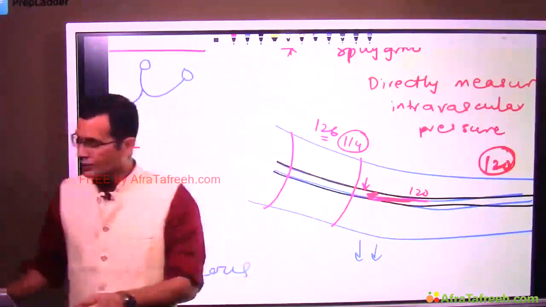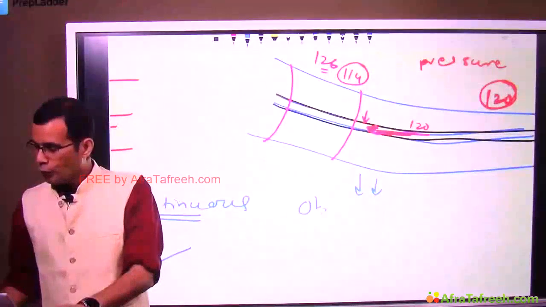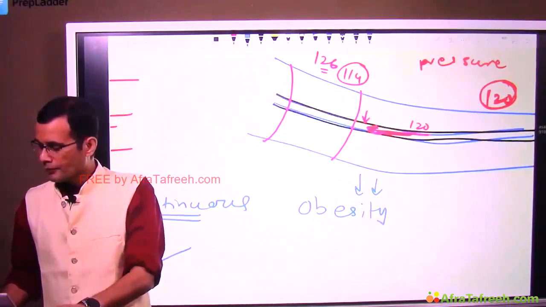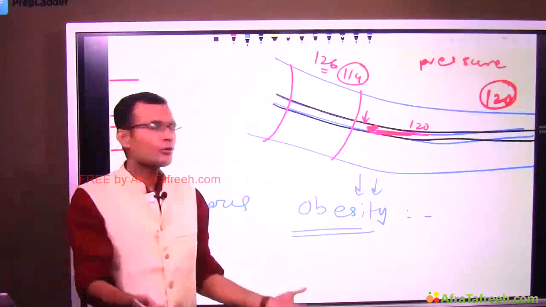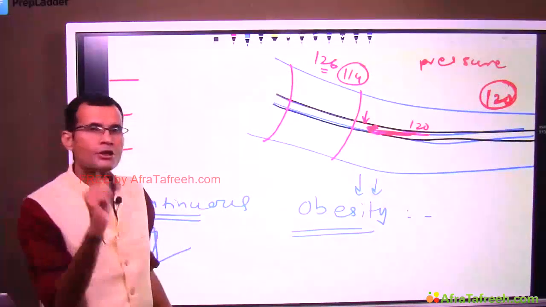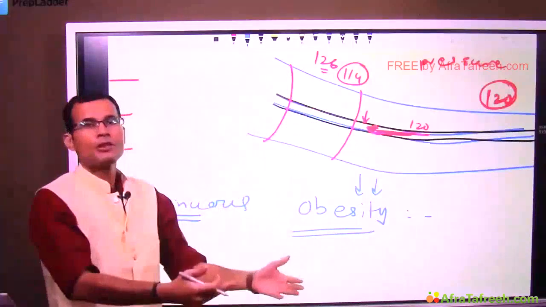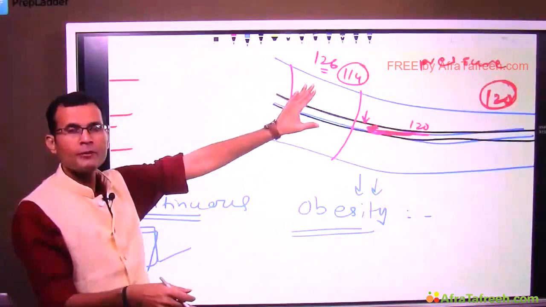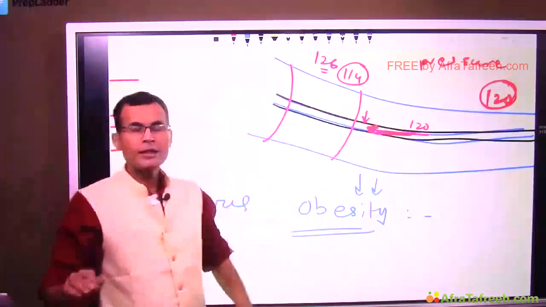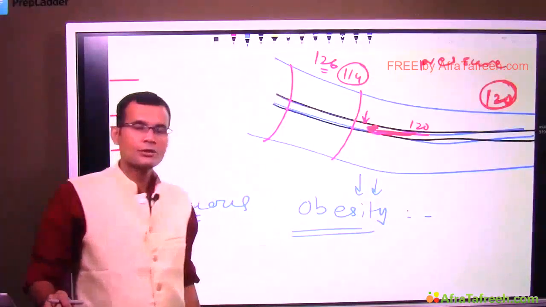What will happen in the condition of obesity? Come on, now you should be able to answer. In the condition of obesity, even higher pressure by sphygmomanometry compared to the directly measured intravascular pressure.